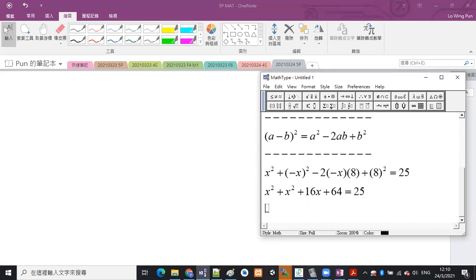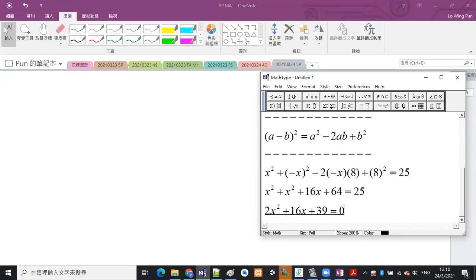Right-hand side is still 25. And then we have x squared plus x squared becomes 2x squared. And plus 16x plus 64 minus 25. Okay, this 25 should be subtracted to the left. It becomes 39, right? Plus 39 equals 0.